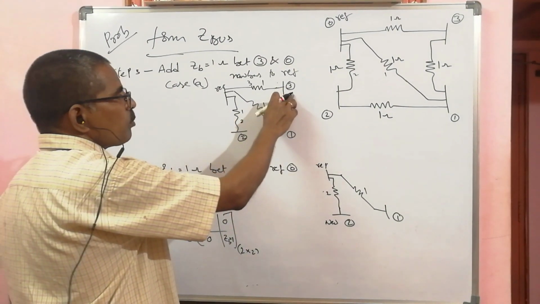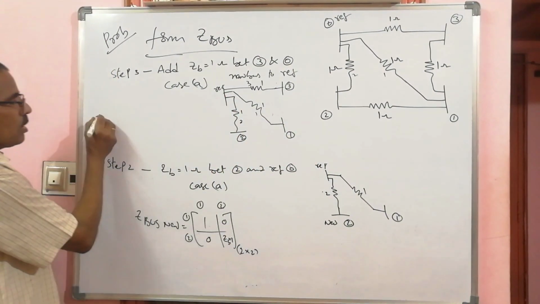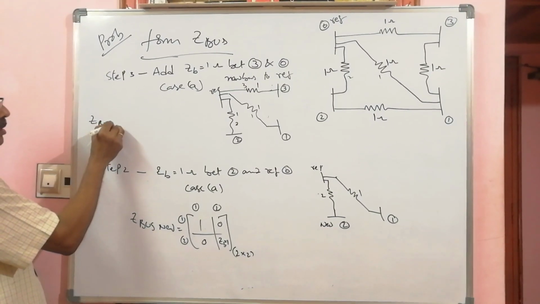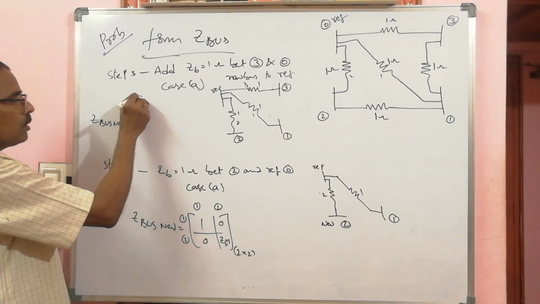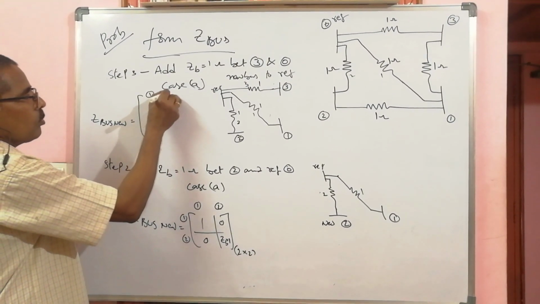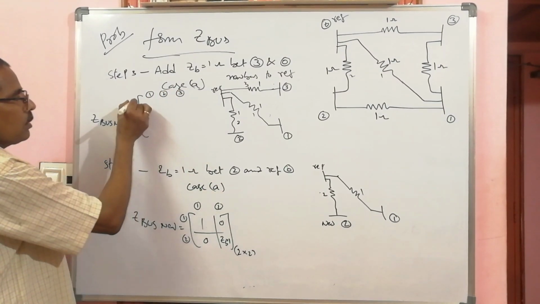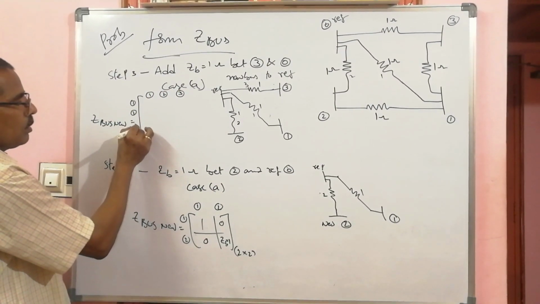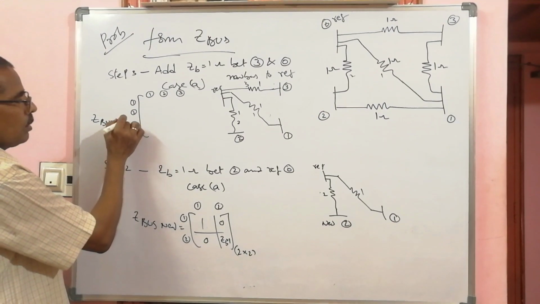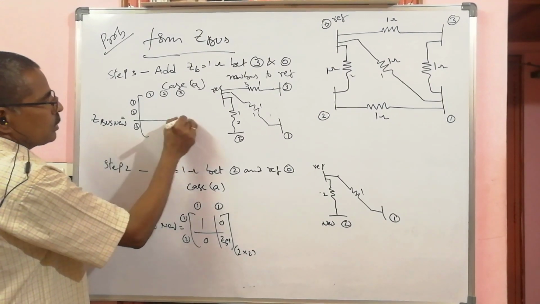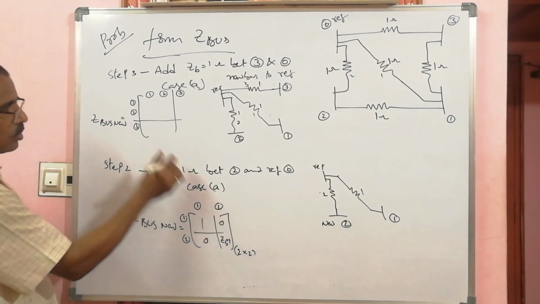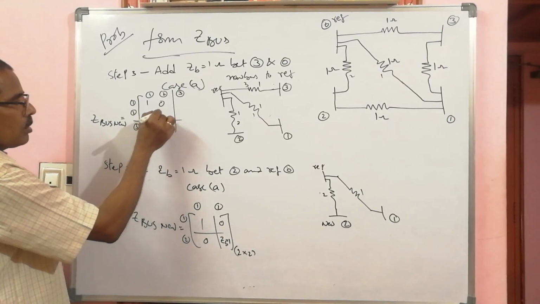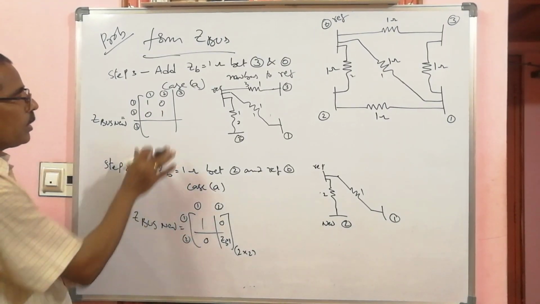You are adding third bus to the system. So Z bus new is 1, 2. You are adding third. So this you retain as it is, 1 0 0 1. That is old.